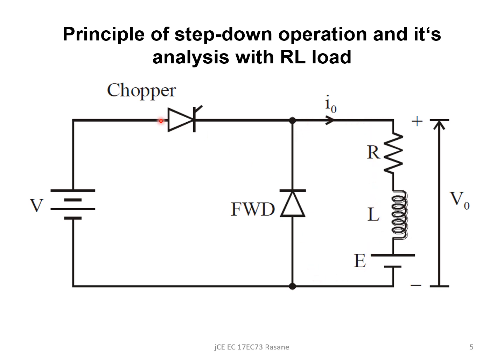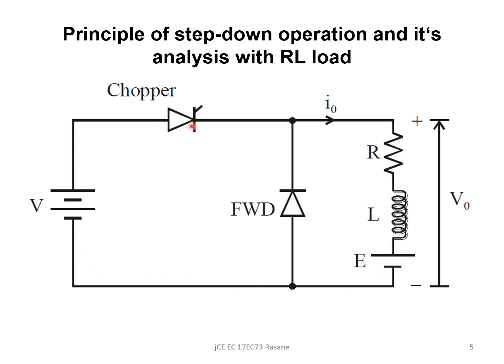So basically there are two operations of this particular chopper. As I said, this chopper consists of other elements, but we are just representing it with a single SCR which acts like a switch. When this chopper is on, current is carried by the chopper and the load like this.